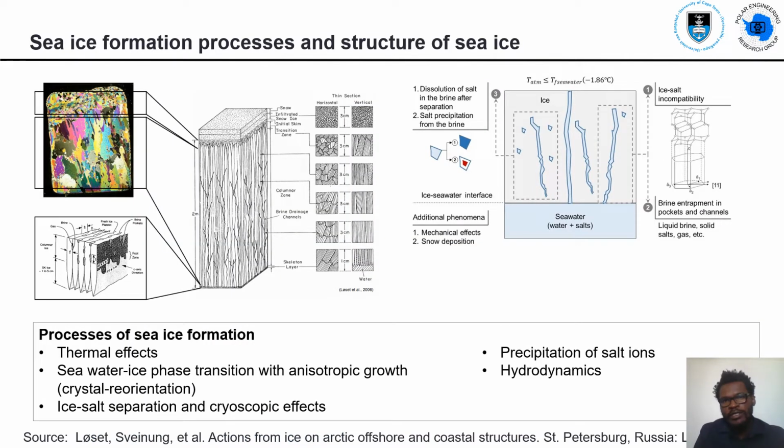To model sea ice formation, we need to split it into smaller processes. When the atmosphere temperature goes below the freezing point of seawater, there's a formation of crystals which essentially become ice. So we have a phase transition from seawater liquid to sea ice solid.